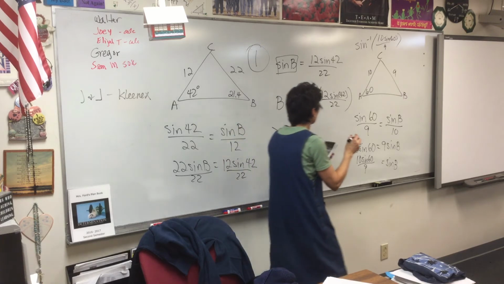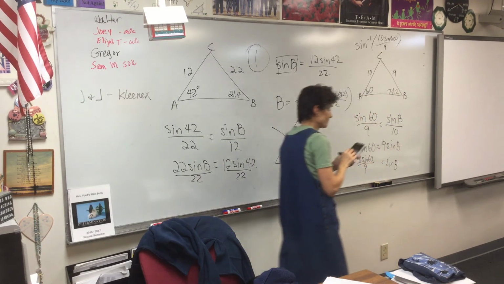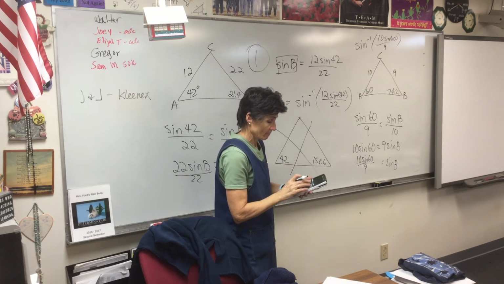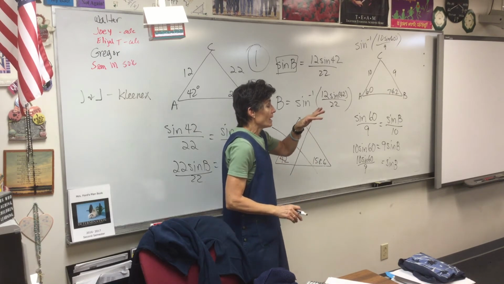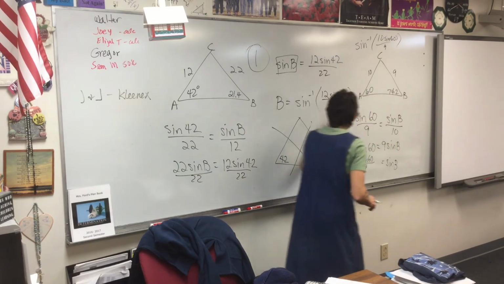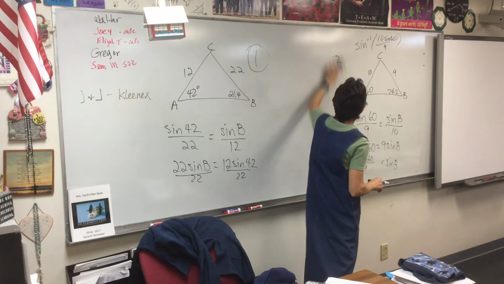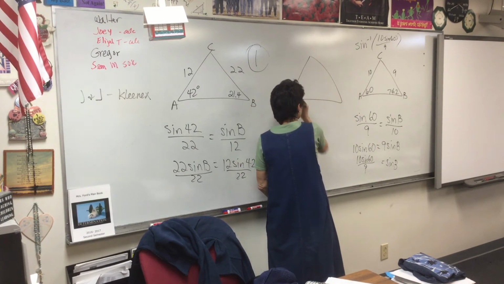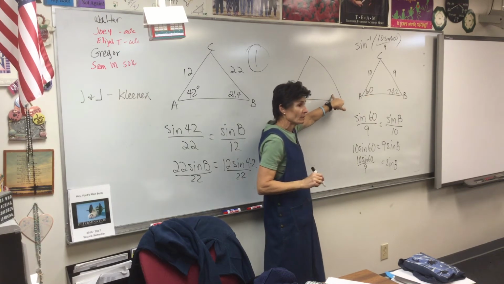I got 74.2. Anybody else get 74.2? Now, as soon as you get that, I want you to immediately draw a second triangle with a 60 here, same 60, but then a new angle here.